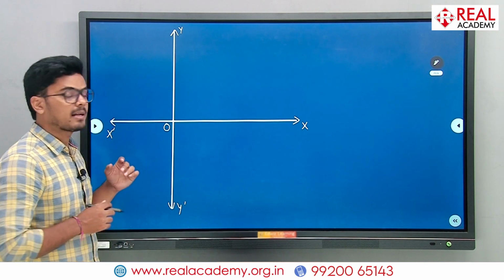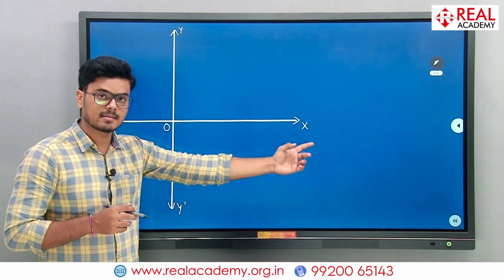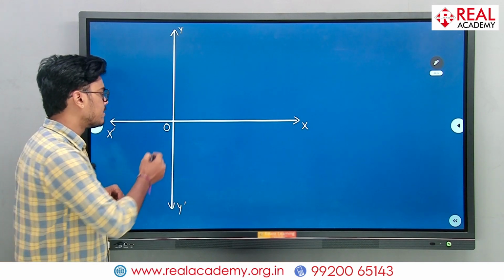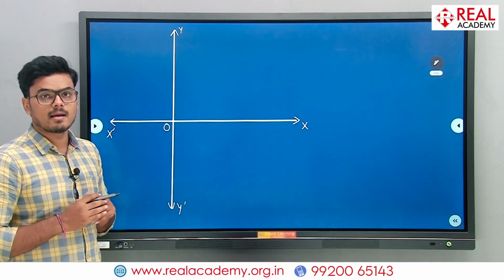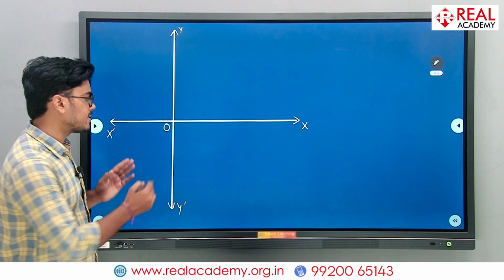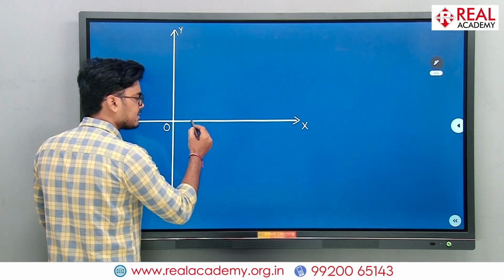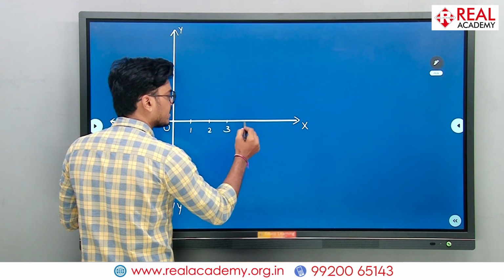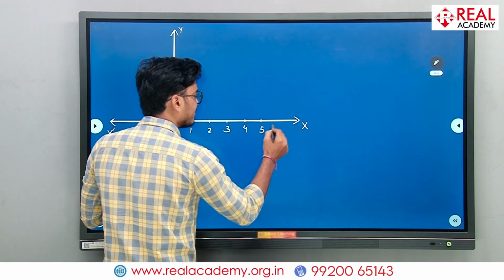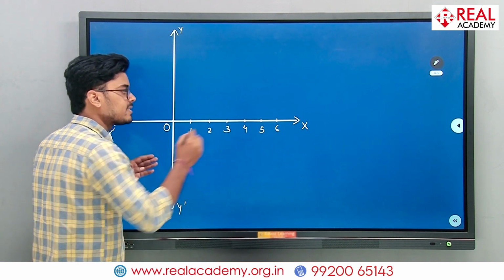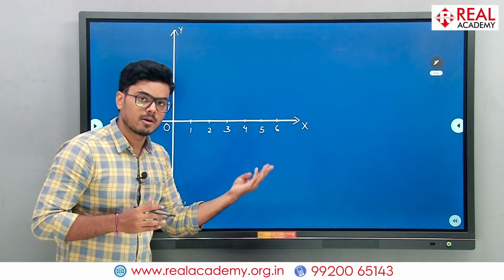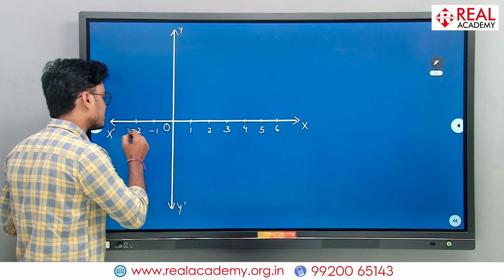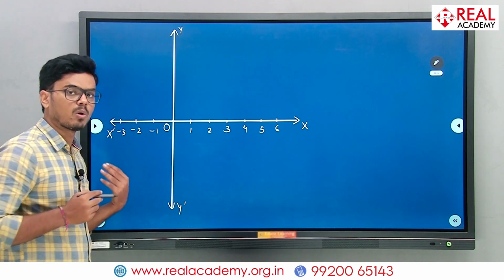So in this diagram you can see that there is a x-axis, there is a y-axis, and they intersect at origin, that is the 0 point, correct? And you know from your previous standards that the right side of the origin is the positive direction for x. So 1, 2, 3, 4, 5, 6 at uniform distances, we mark the points in this way. On the left side of origin, -1, -2, -3 and so on.